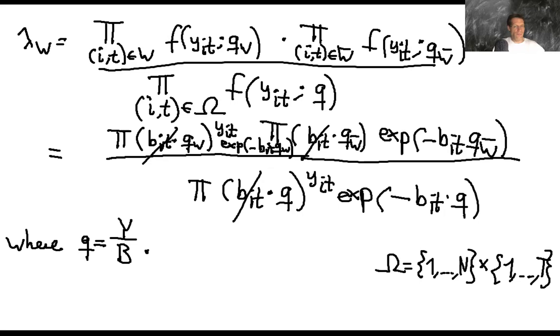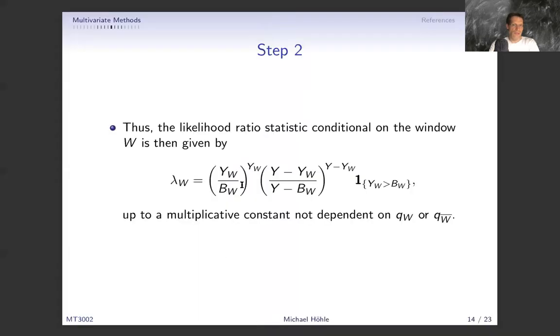If you do the math for all of this, cancel and take away some terms which are irrelevant due to proportionality, then you will arrive at this expression here, with the little caveat that the likelihood ratio is really a restricted maximum likelihood estimator that you're using.